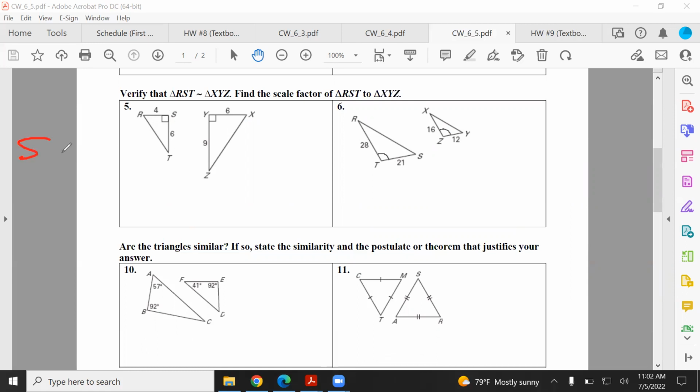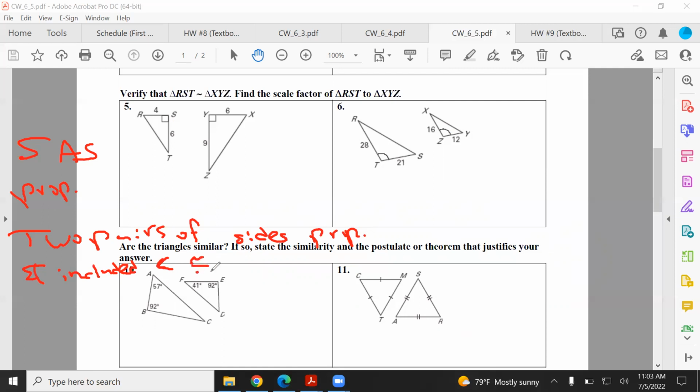Now this is going to be side angle side proportionality. Because you have two sides and an angle in between. So what you need is two pairs of sides that are proportional and included angle that's congruent.